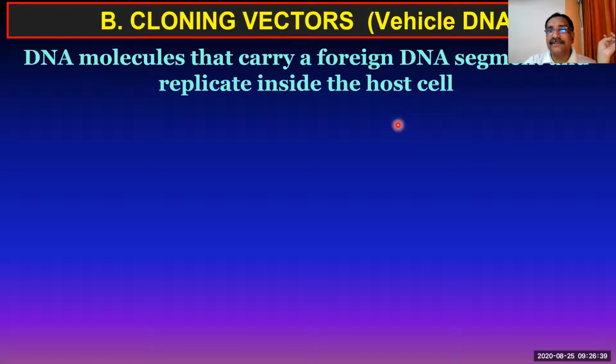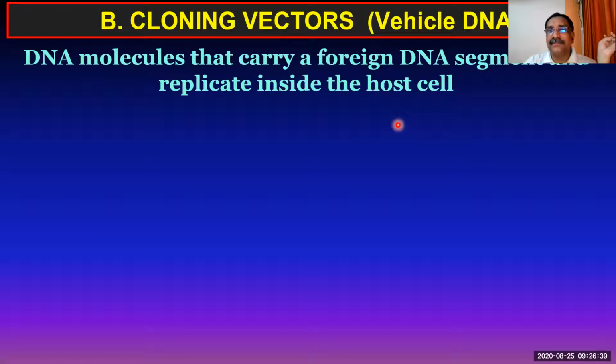In this virus you can see a structure called the head, and in the head the DNA is present. Whereas the plasmid DNA is circular, in the bacteriophage the DNA is linear. And you can get a high copy number of the genome in the bacterial cell.